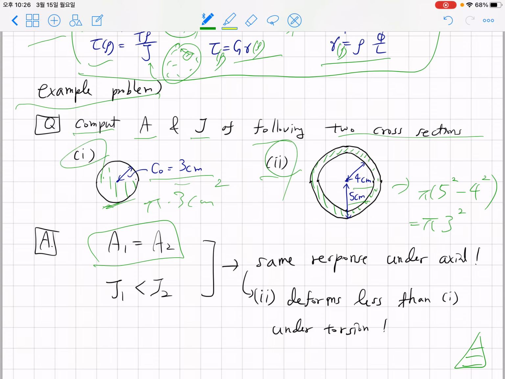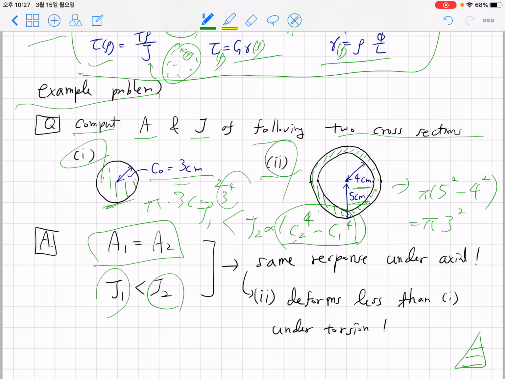However, in terms of J1 and J2, J2 must be larger because J2 is proportional to C2 to the fourth power minus C1 to the fourth power. So 5 to the fourth power minus 4 to the fourth power, if you calculate this, it must be quite a bit larger than J1, which is simply proportional to 3 centimeter to the fourth power.